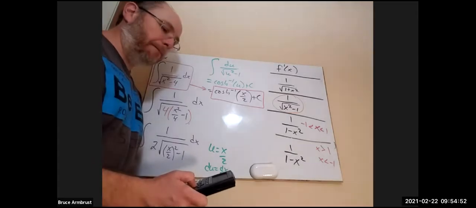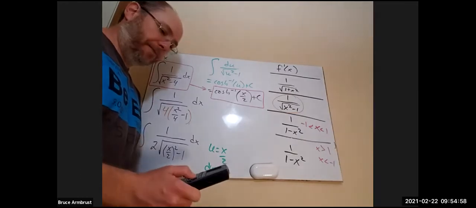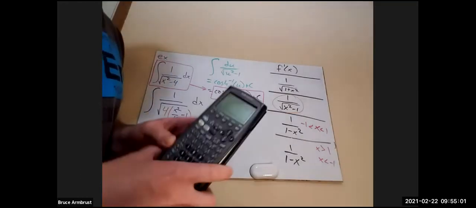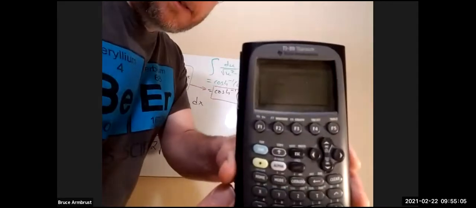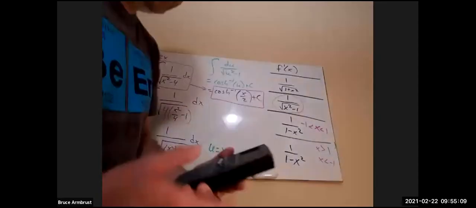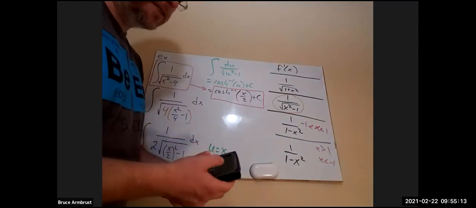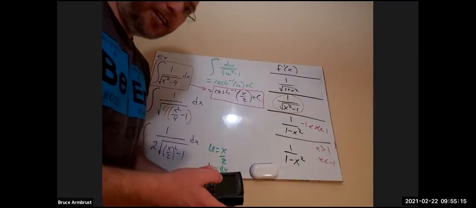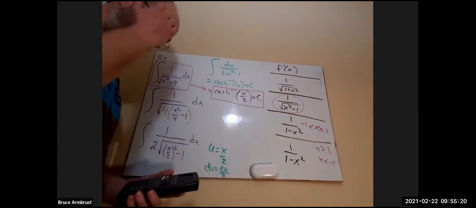Like, I'm down here in the C's. You probably can't see on there. Yeah, no, it's not going to focus. But it's got cosine inverse, and then it's got cosh inverse. All right, so it does have all of those.